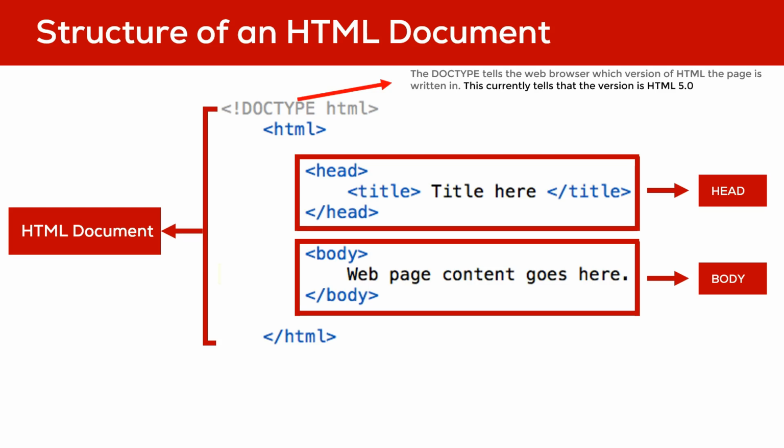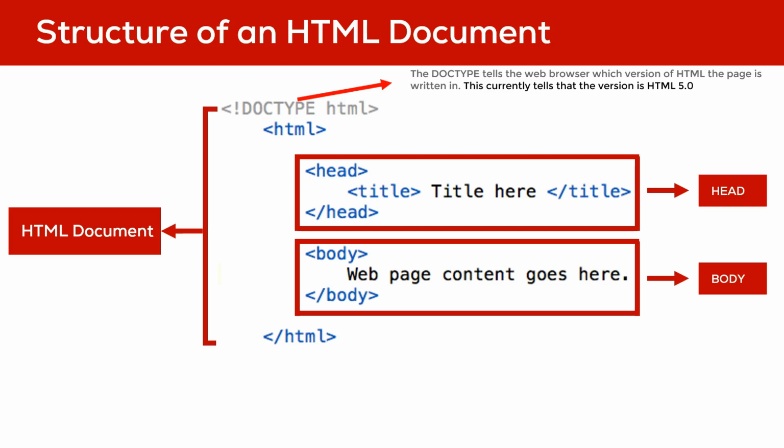This tells that the version of HTML right now is HTML5 by looking at this declaration on the doctype. When you look at it, it has the less than symbol, doctype, and html. So that html written there means that the document is written in HTML5.